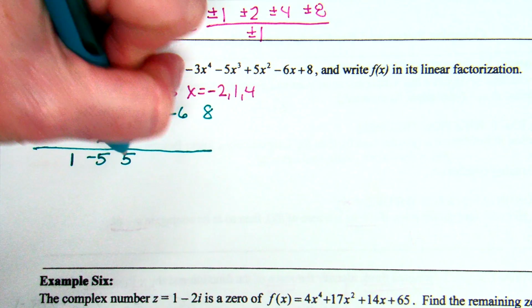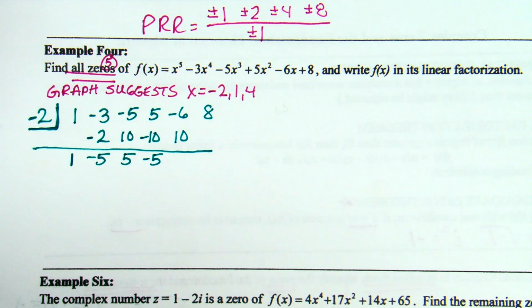And 8 plus -8, 0. No mistakes. Okay, now what?